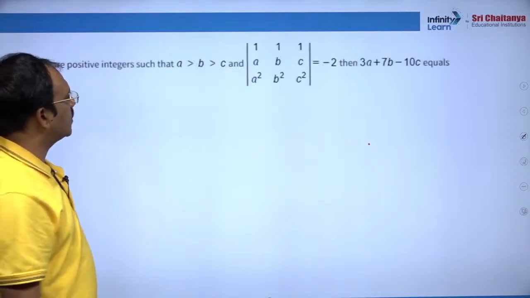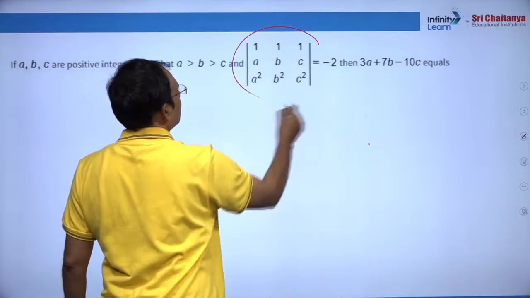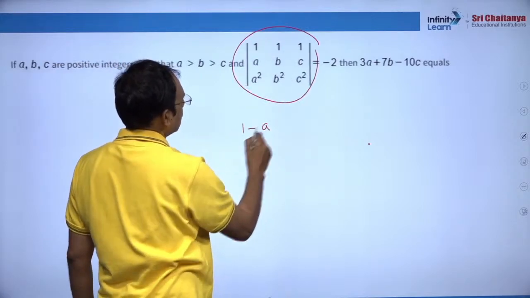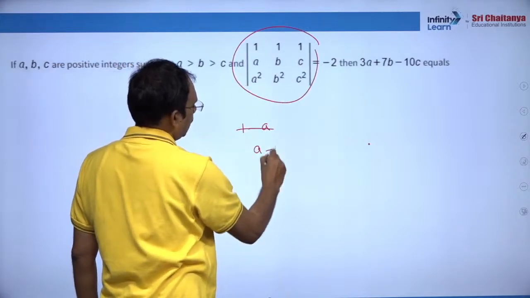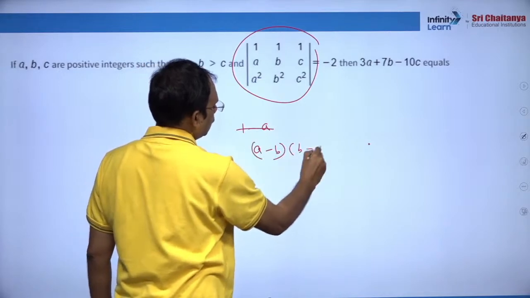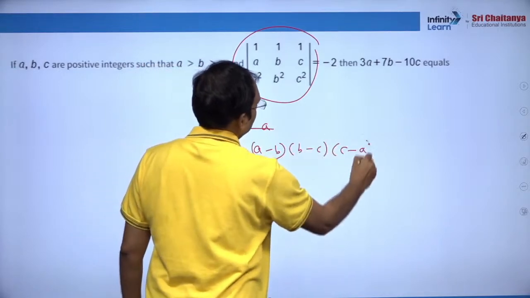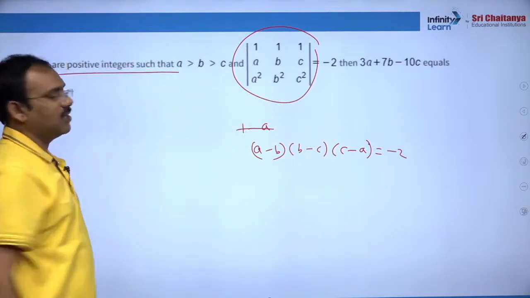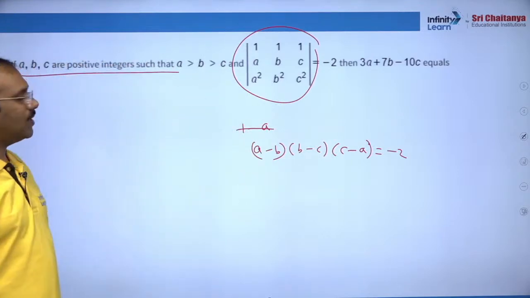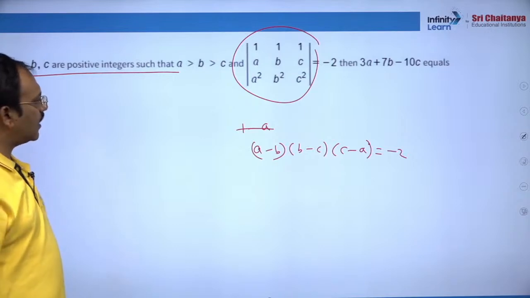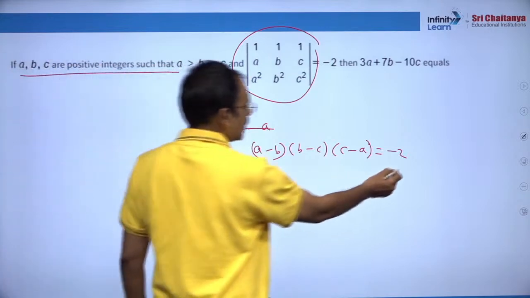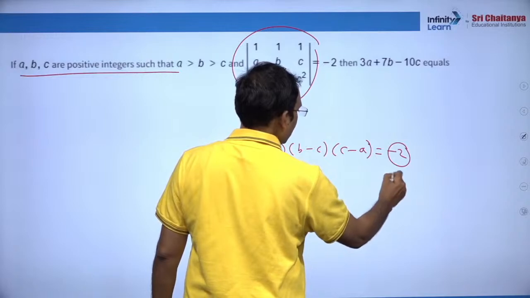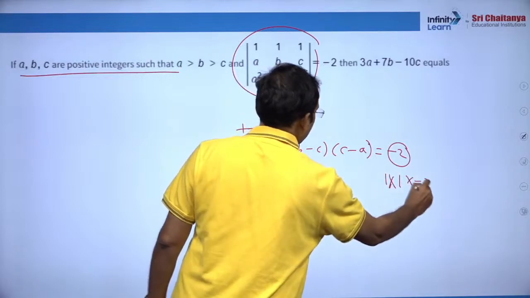Next, my dear friends, you know this is a standard determinant, this is 1 minus a minus b into b minus c into c minus a, but this is given as minus 2, where a, b, c are positive integers such that a greater than b greater than c. You can take minus 2 in the sense of the products, maybe like 1 into 1 into minus 2.